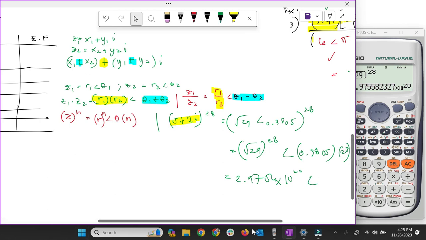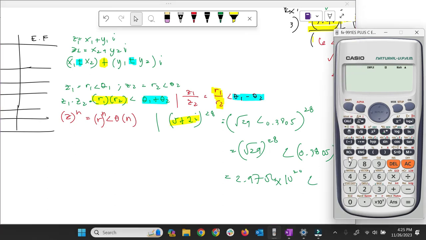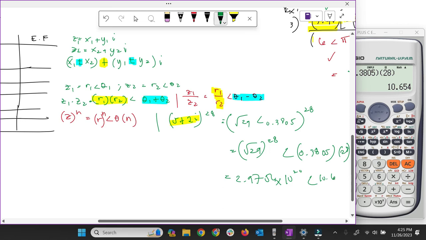And then, pag nakuha mo na yung sagot dyan, for the real number, you proceed to the angle form. So, this will be 0.3805 multiplied by 28. You will get an answer of 10.6. Okay na yan, 10.6. Pwede na yan.